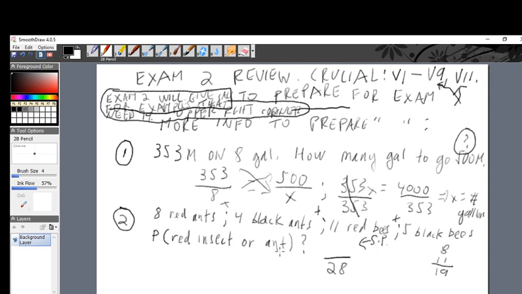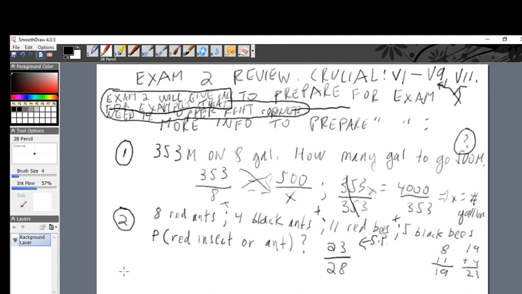And if it's an ant, no matter what color, we'll also take it, so the 4 black ants also count. 19 plus 4 is 23. So it's a 23 out of 28 chance we get a red insect or an ant. The only thing we're not interested in is the 5 black bees. You don't even have to use complicated formulas for that problem.